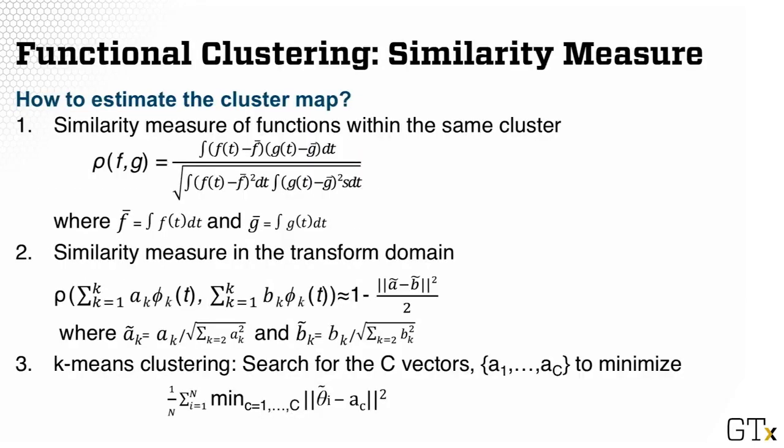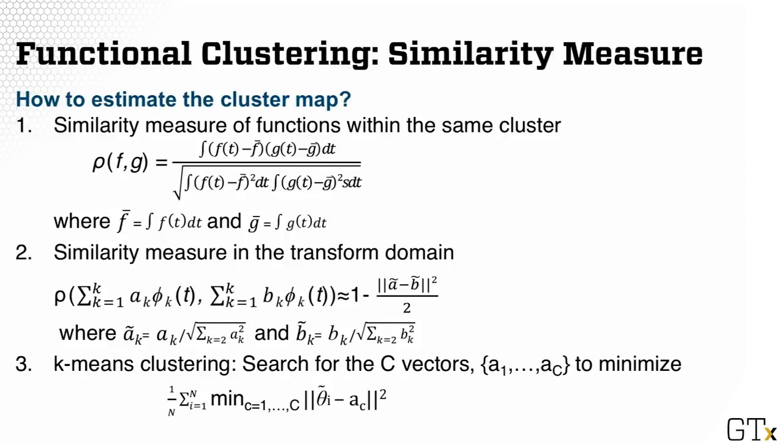A second step is to identify an appropriate similarity measure. A common similarity measure for functions is the correlation function, which measures how similar the shapes of the functions are. But we cannot apply this dissimilarity measure directly to the random functions since they are functions observed with measurement error.